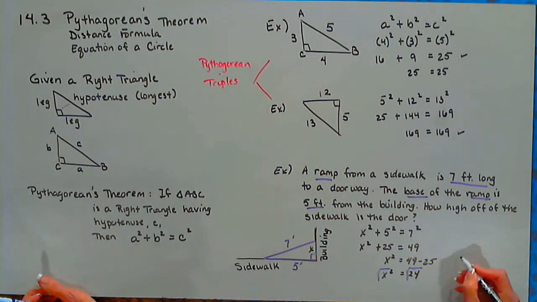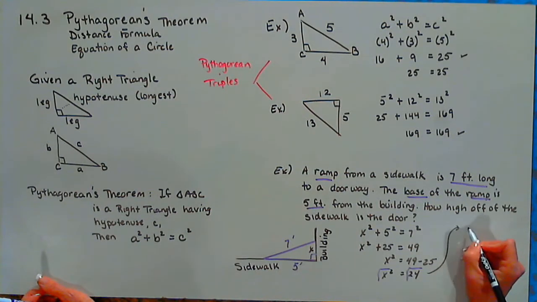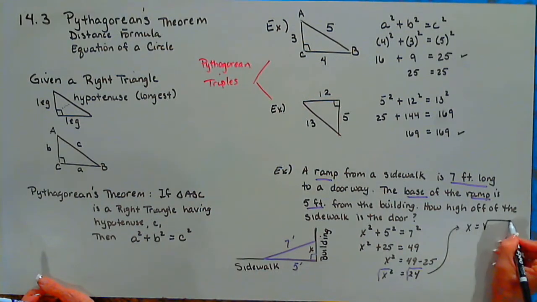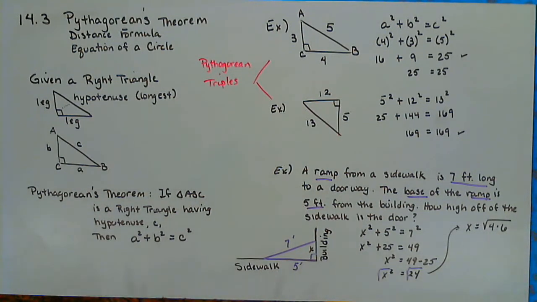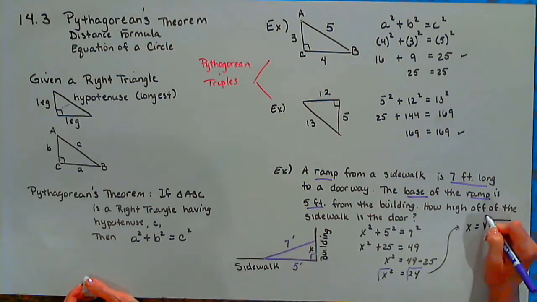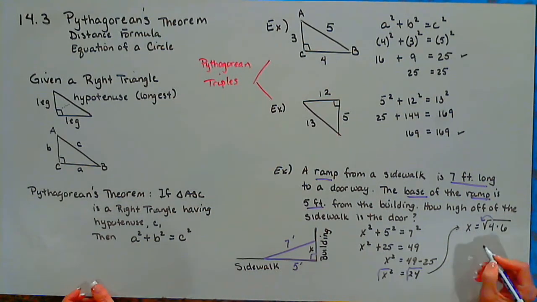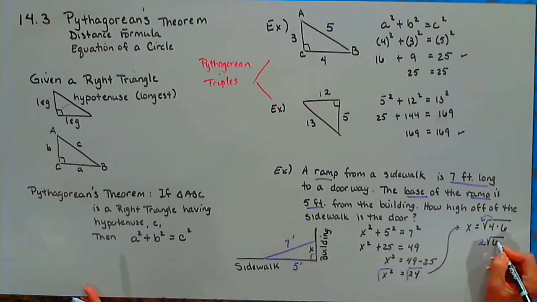Now I'm just going to refresh our memory here. That would be the same as the square root of 4 times 6. I looked for a perfect square, that way I could take that out. The square root of 4 is 2. 6 does not contain any perfect squares as factors.